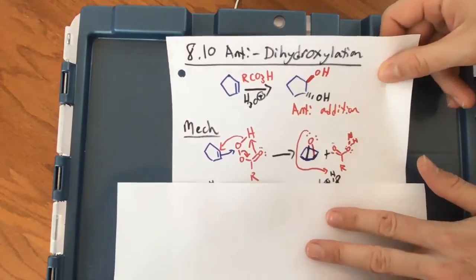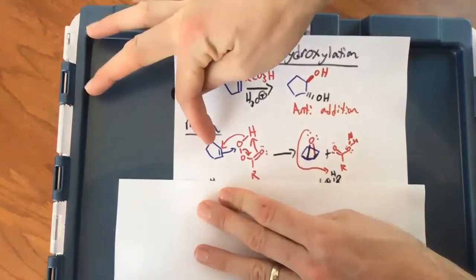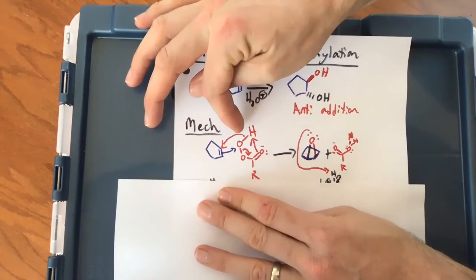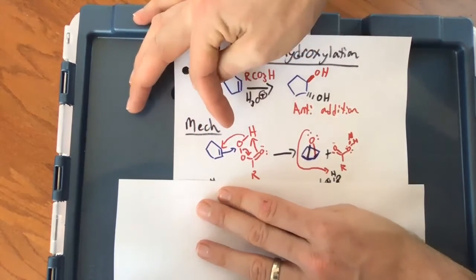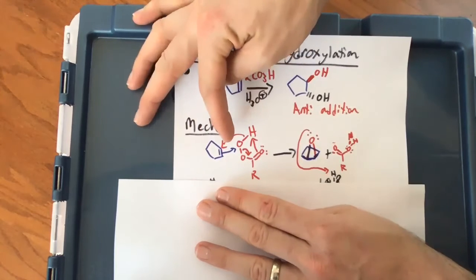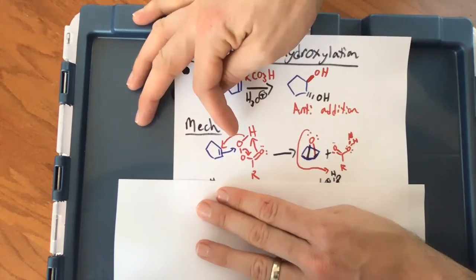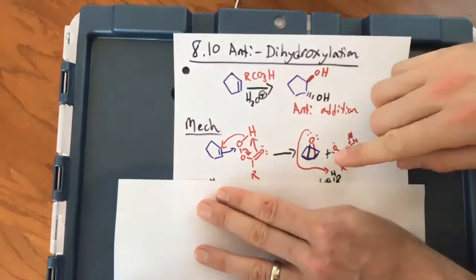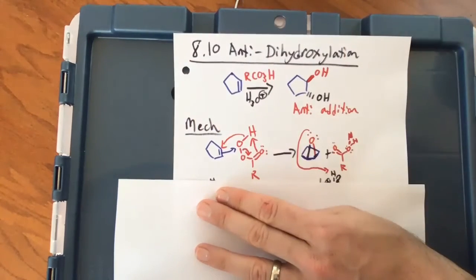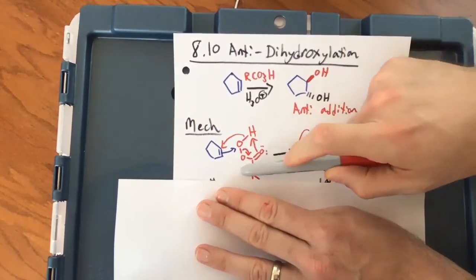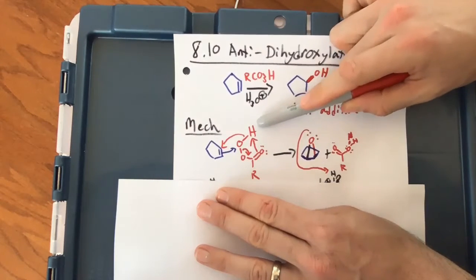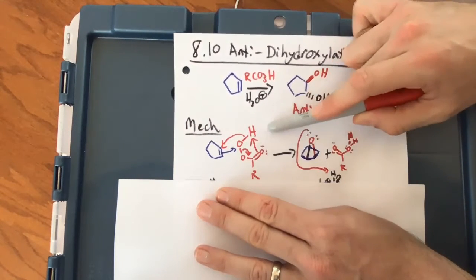where you start with the alkene, and the alkene attacks one of these oxygen atoms because it has a partial positive charge. Once it attacks the oxygen atom, an interesting rearrangement takes place where you can see that there are 1, 2, 3, 4, 5 atoms here in kind of what could almost look like a ring.